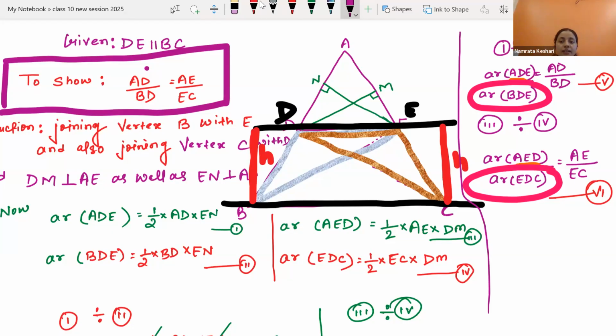I am going to write, we know area of BDE is equal to area of the triangle EDC.